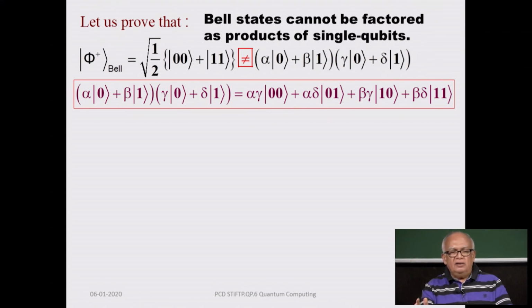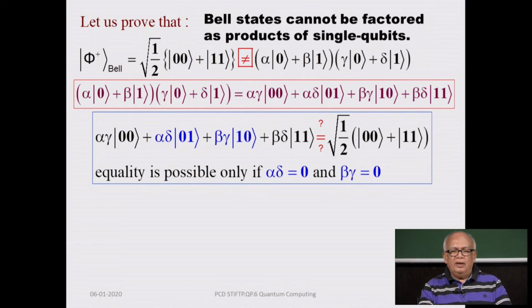Alpha gamma 0 0, do it slowly, alpha delta 0 1, then beta gamma 1 0 and beta delta 1 1, got it, right? So, this is what you get from the direct product, okay? And we need to ask if this direct product can be equal to what we have claimed to be the Bell state.